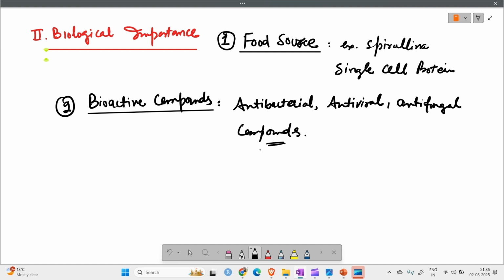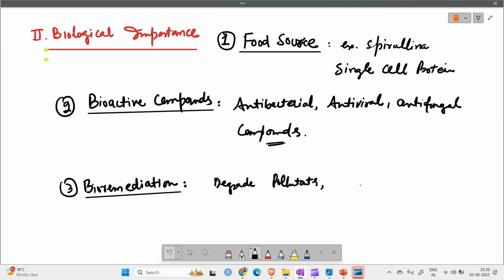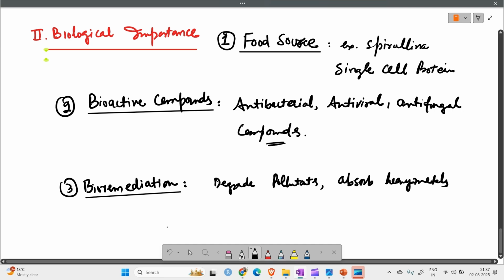Okay, making them suitable for use in biotechnology and medicine. Then the third importance is bioremediation. Cyanobacteria can degrade pollutants, absorb heavy metals, and help purify wastewater, making them critical agents for restoring ecosystems and improving environmental health.